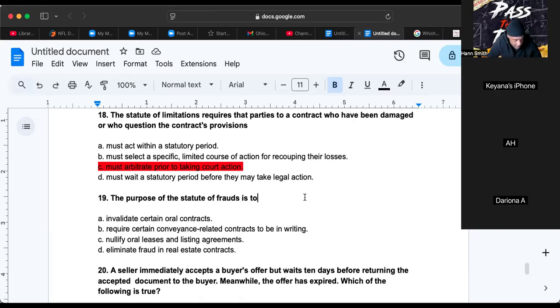Get rid of D. All right. That leaves us with A, must act within the statutory period, or B, must select a specific limited course of action for recouping their losses. What do y'all think?